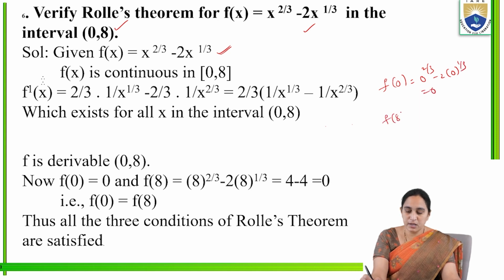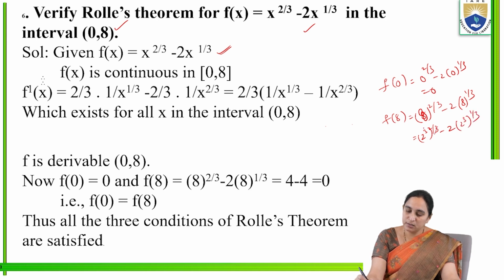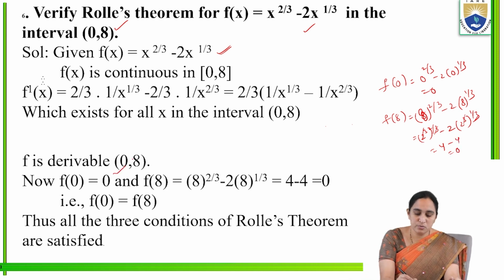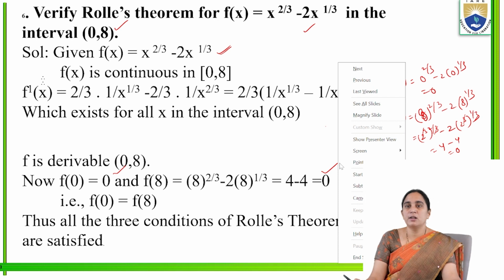And f of 8 is 8 power 2 by 3 minus 2 into 8 power 1 by 3. That is 2 cube power 2 by 3 minus 2 into 2 cube power 1 by 3. The 3s cancel: 4 minus 2 times 2, which is 4. That is 0. Therefore, f of 0 value is 0 and f of 8 value is 0.